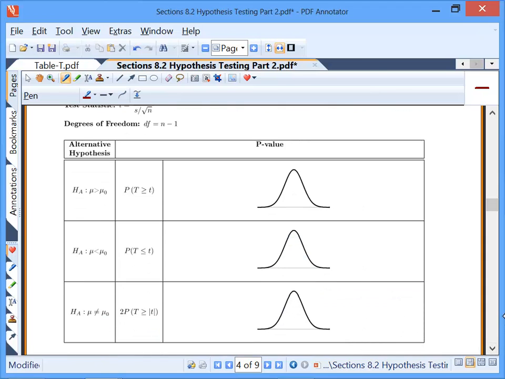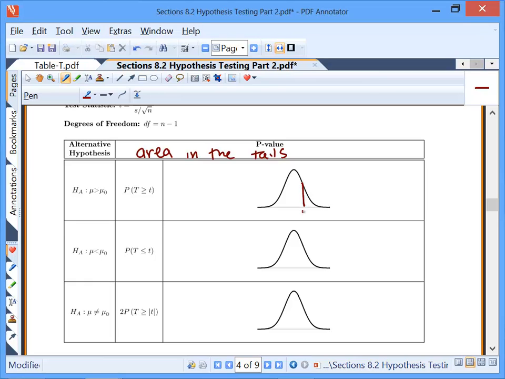And then there are formulas you can memorize in the book about how you find the p-value for each alternative hypothesis. But we're just going to remember that the p-value is the area in the tails. Okay. So if I'm looking for a mu is greater than mu naught, okay? So mu is greater than, which tail am I interested in?